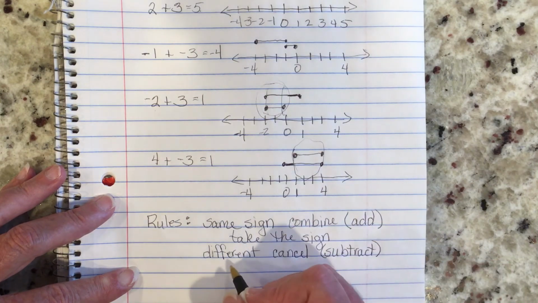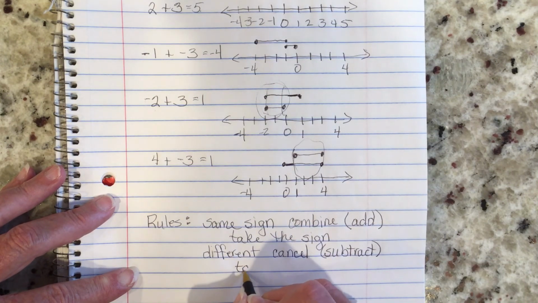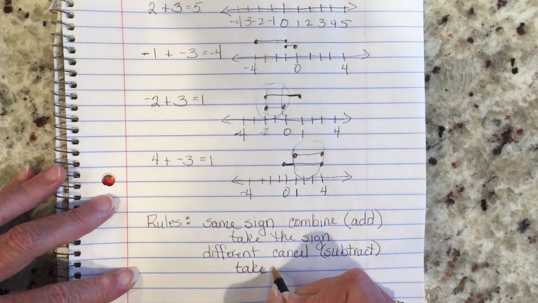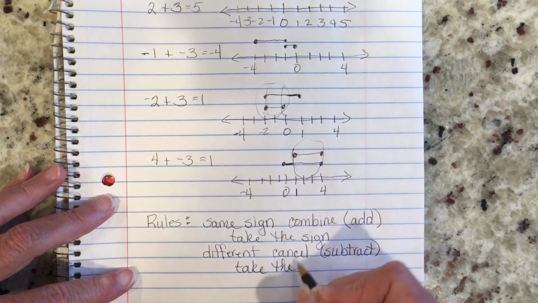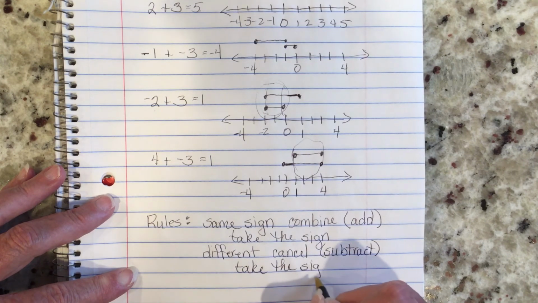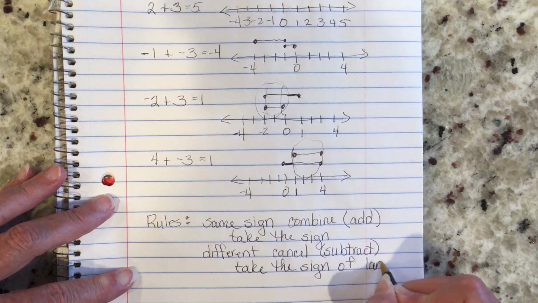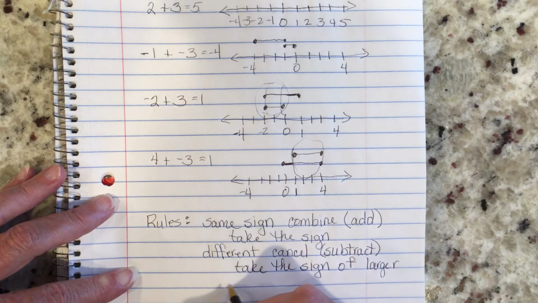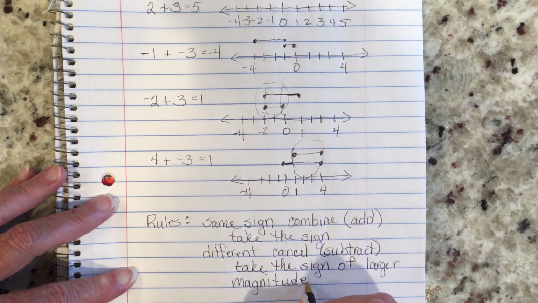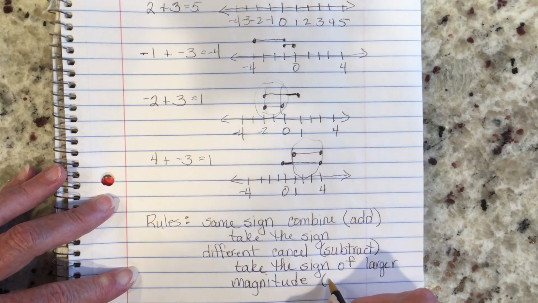And then we take the sign of the larger magnitude, and that big word only means the longest line. Which is longest, the negative or the positive?